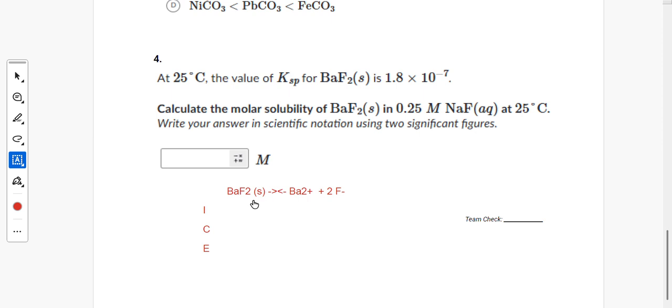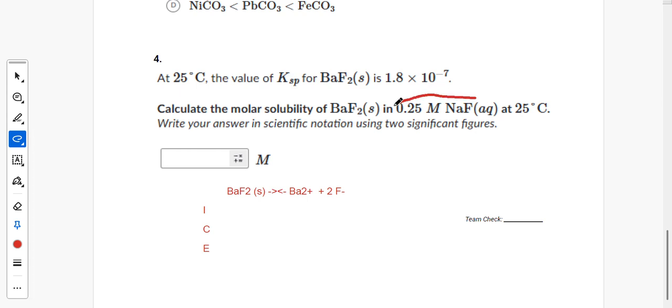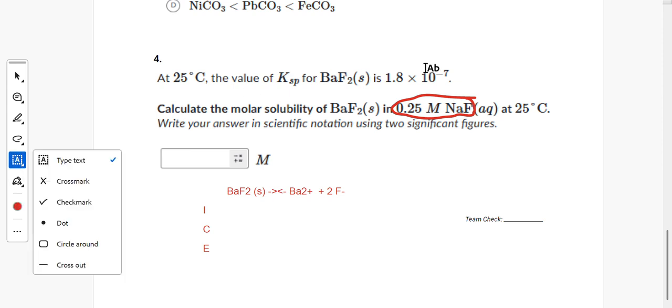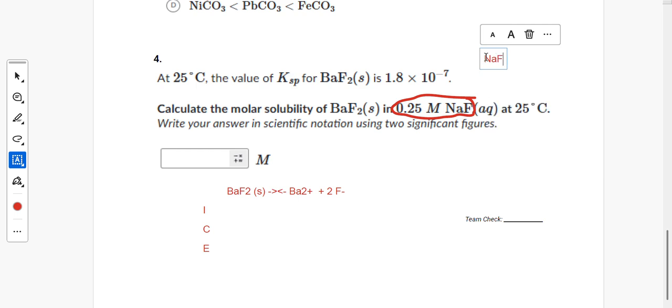Let's see here. They also added something before we can just jump right in and finish our ICE table. Yeah, it's right here. So team, if we take this value right here and put it in the same beaker, the sodium and the fluorine would split and become sodium ions and fluorine ions separately.